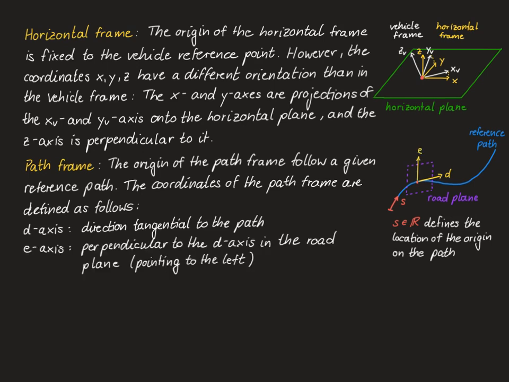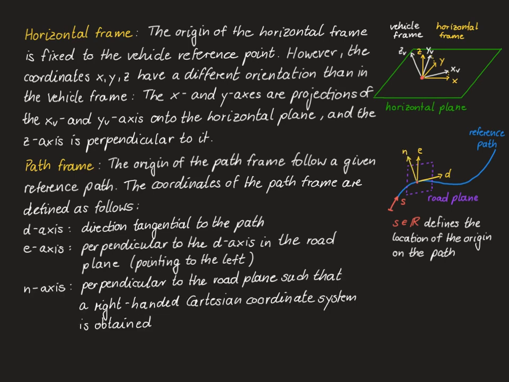The second coordinate is called the e-axis, and it's defined as the axis that's perpendicular to the d-axis inside the road plane, and it's defined to point to the left of the d-axis. Finally, the third coordinate is called the n-axis, and it's defined as the direction perpendicular to the road plane, such that the coordinate system D, E, and N forms a right-handed Cartesian coordinate system.